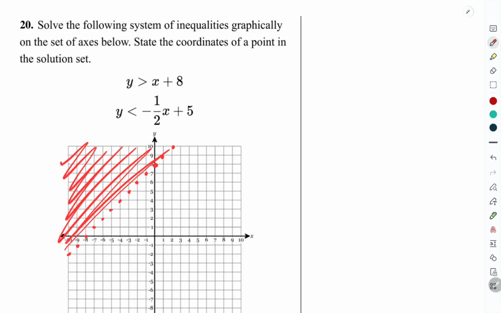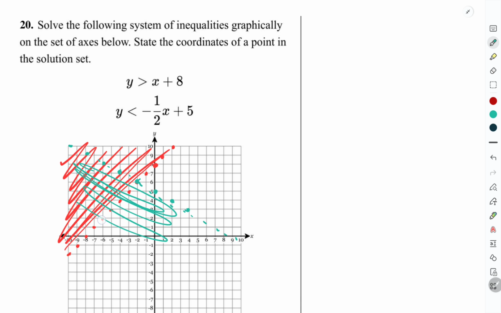And then I'm going to switch colors now because that might be helpful. We're going to start at 5, and my slope is -1/2. Also dotted line. I'll add a few more dots just for good measure. And that's a shade below because it's less than.